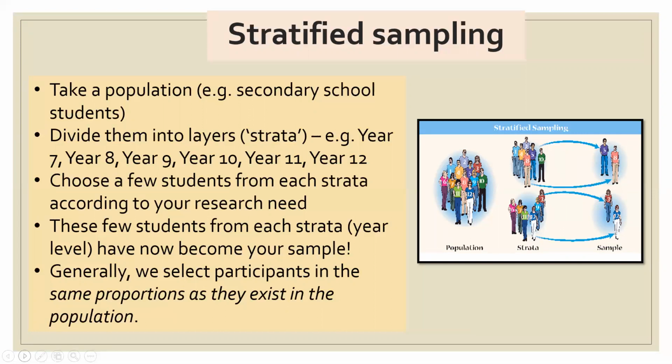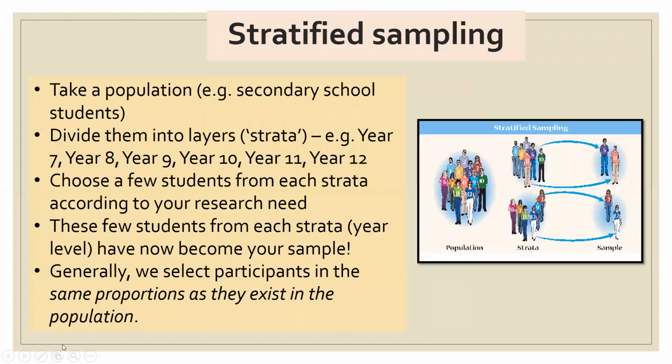academic performance across the years of high school. And you want to take students from year 7, 8 up to year 12. Now, the best sampling technique to use for this particular kind of study would be stratified sampling.